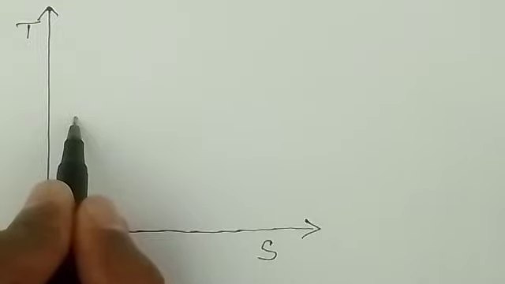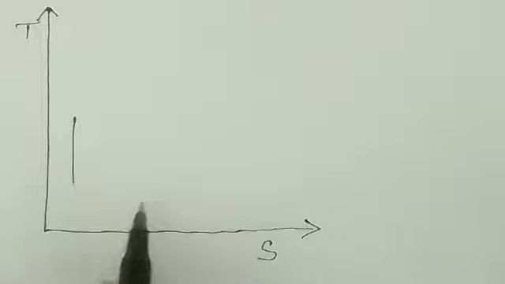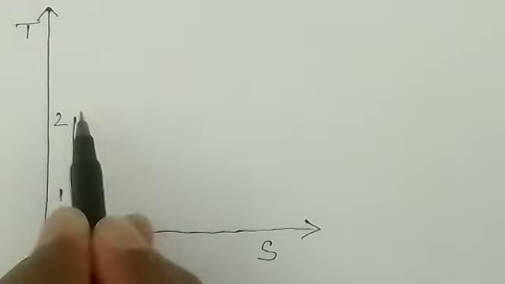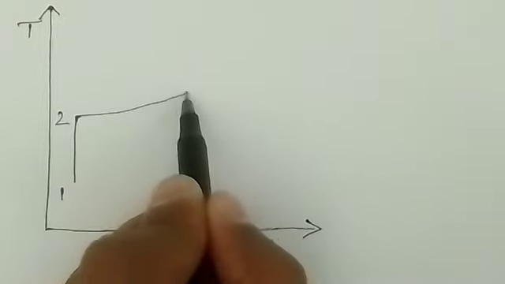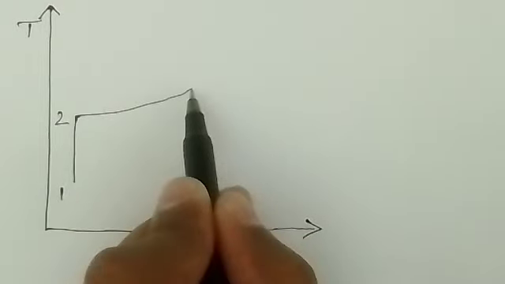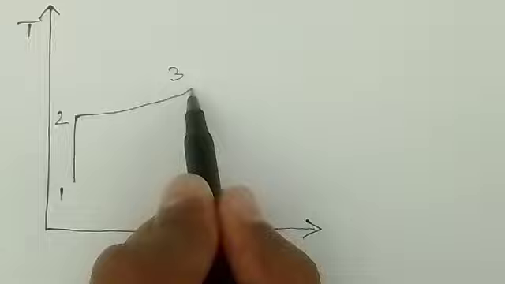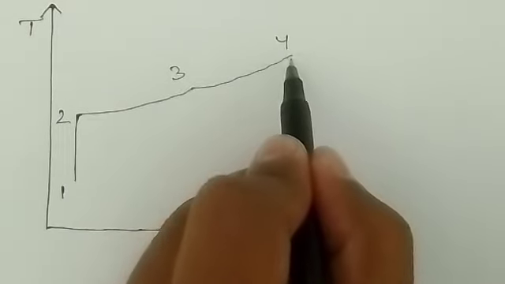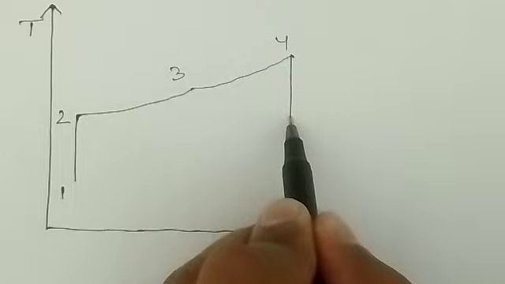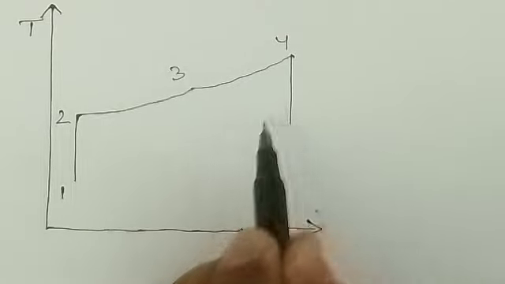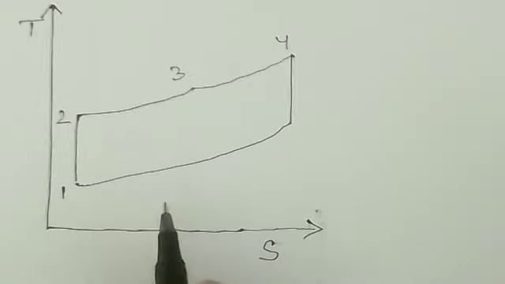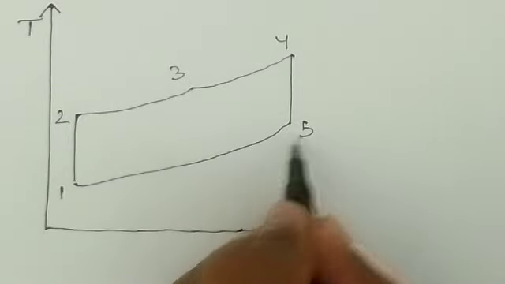Let's say this is your adiabatic compression 1 to 2, reversible adiabatic compression, and then heat supplied at constant volume from 2 to 3, and again heat supplied at constant pressure 3 to 4, and finally you did adiabatic expansion, right? And then you have heat rejection at constant volume, right? So this is 4 to 5.